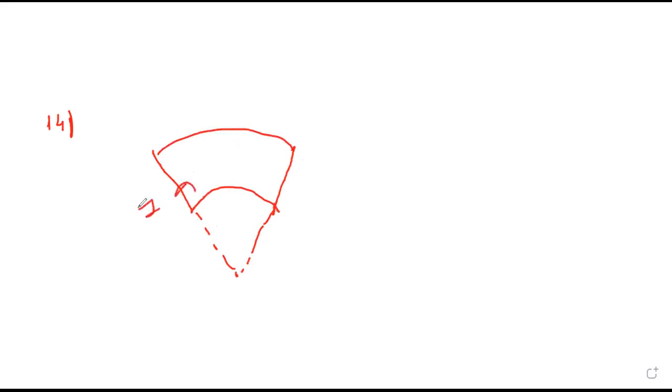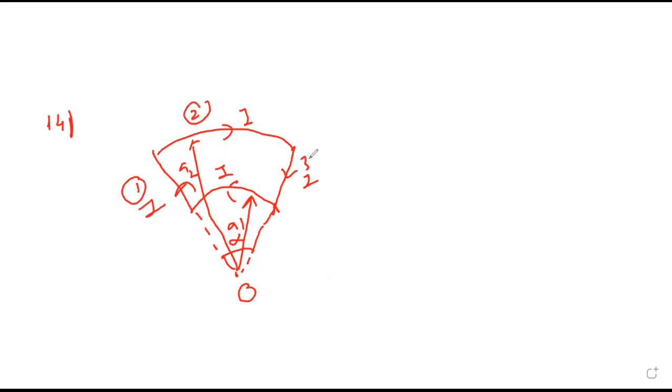Current I. This is center O, the radius of the smaller one is A1, the larger one is A2, and the angle subtended by them is alpha, both alpha. Can you see there are one straight wire, second is loop, third is straight, fourth is loop?